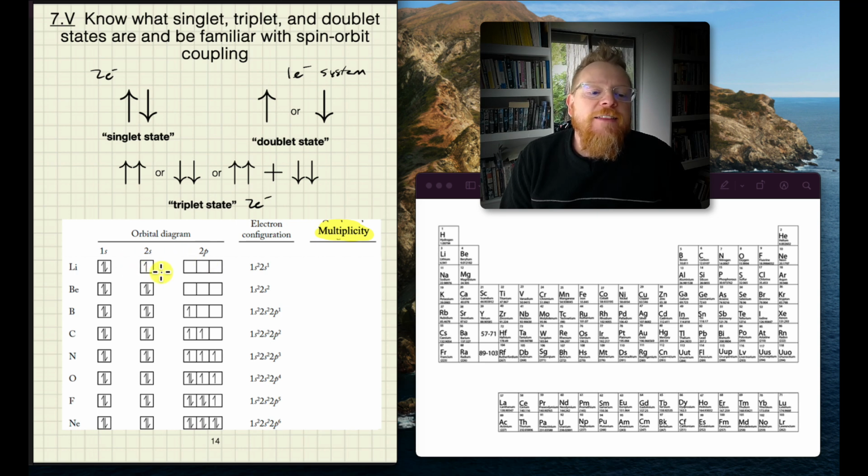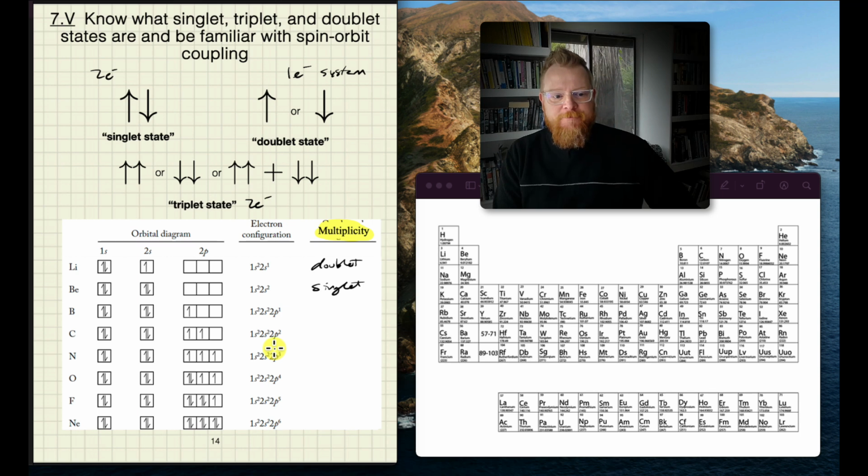If I look at lithium here, and in this case, as we'll see, we're only interested in the valence electrons, lithium has one unpaired electron. That makes a doublet state. Going on to beryllium, it's all paired up. That has to be described as a singlet.